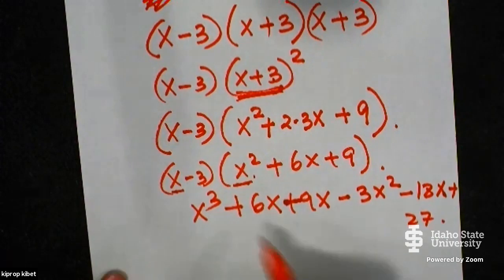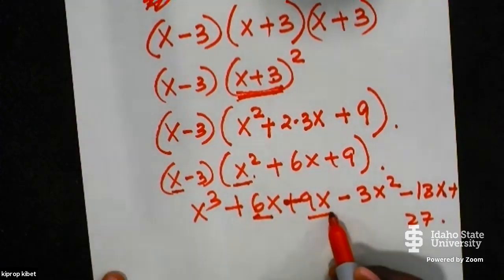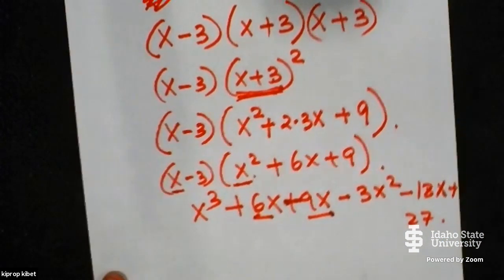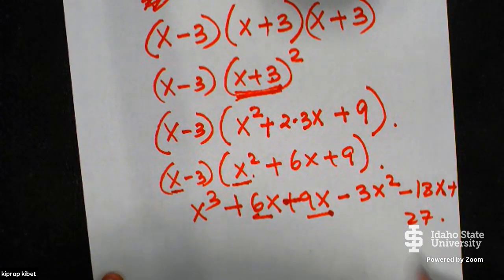So 6 and 9 will give us 15, right? 15 minus 3. So that is not giving us the correct answer, right? Wouldn't it be squared, the 6x?